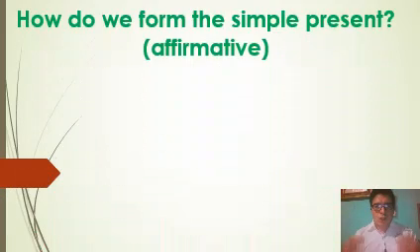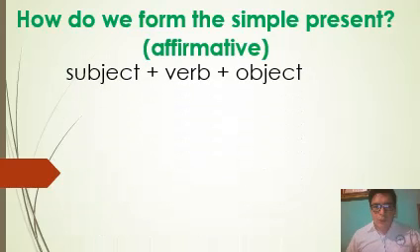Alright guys, so how do we form the simple present? Good question. Affirmative sentences. First we need to know what goes first, step by step. What we need first is the subject, the person.